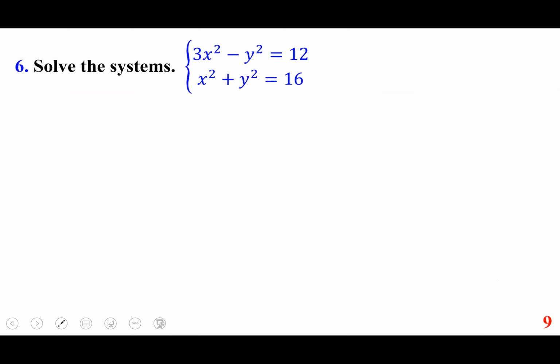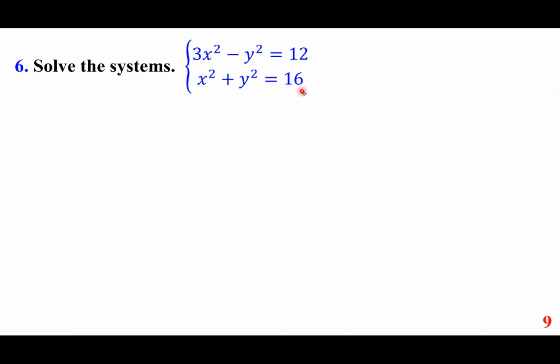If I want to solve this, this is a system of nonlinear equations because we are dealing with quadratic formats. So substitution or elimination, whatever works out, is the best course of action. We don't have to do anything, just elimination, add up. These two cancel each other. These two add up to 4x squared.